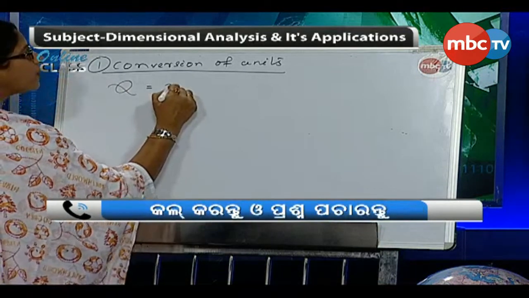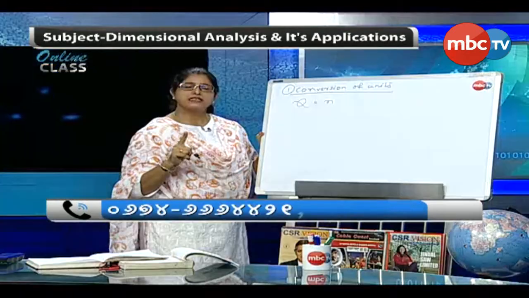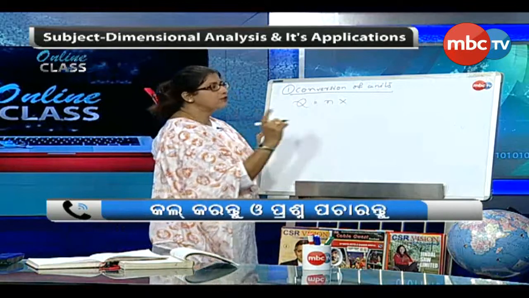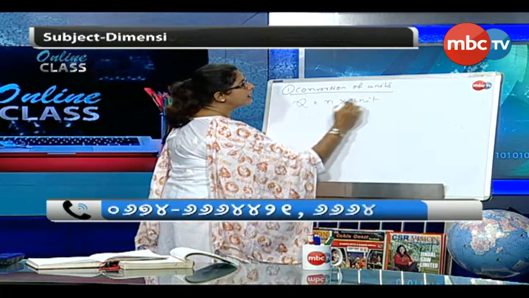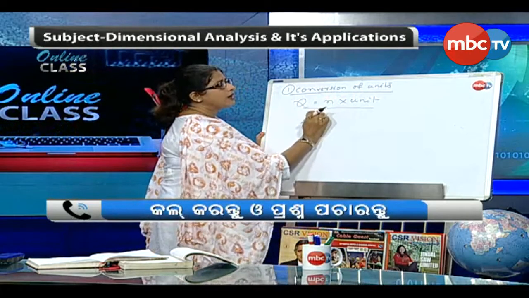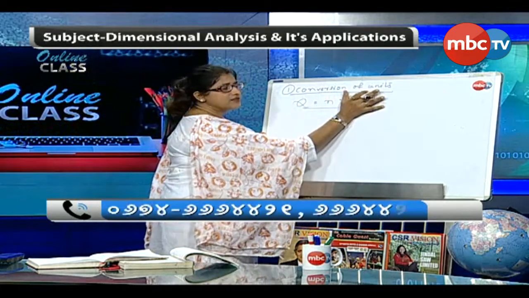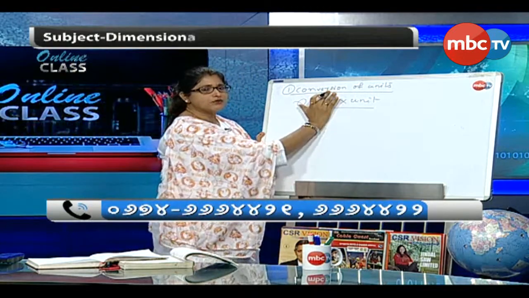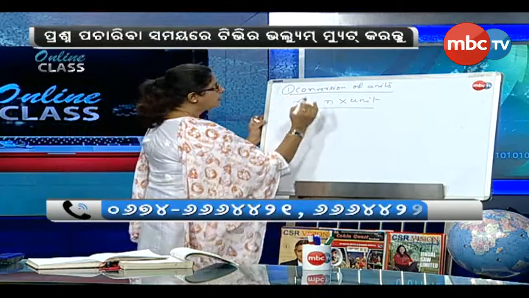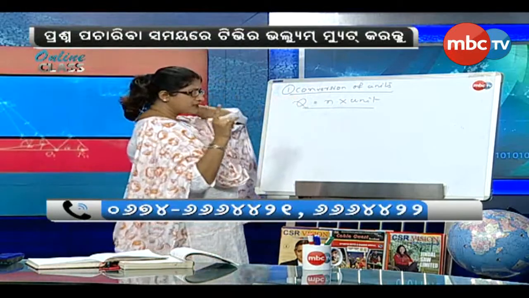Any physical quantity is always represented in terms of its numerical value along with its unit, like 1 meter, 100 centimeter. This is the unit, this is the numerical value, this is the length, correct? So, any physical quantity remains the same.